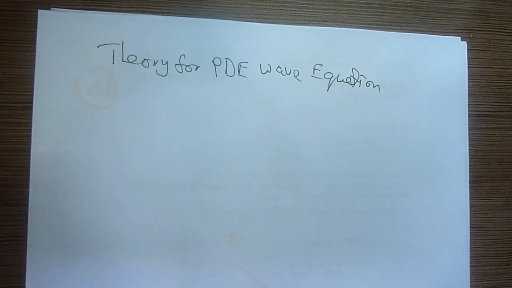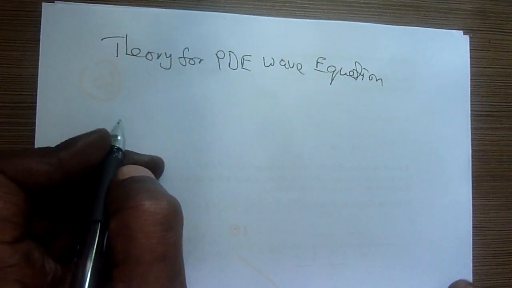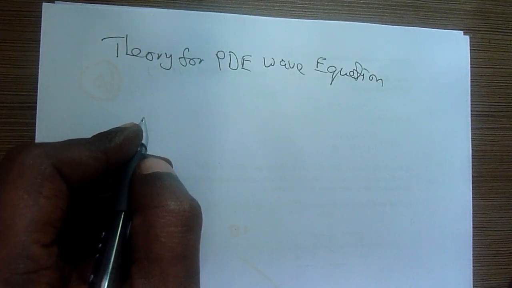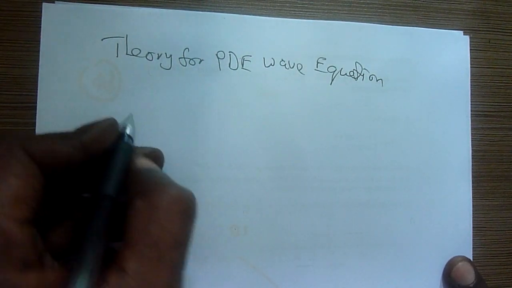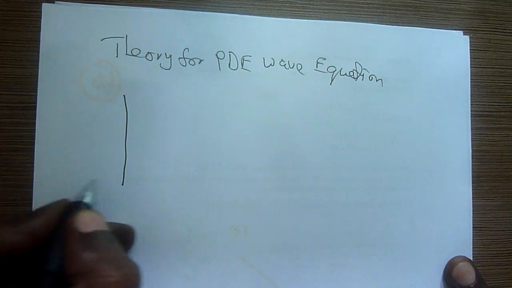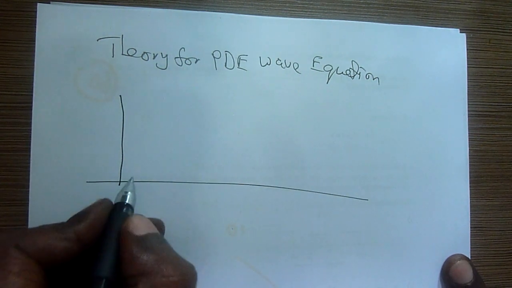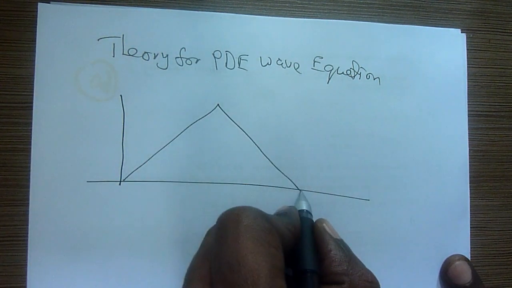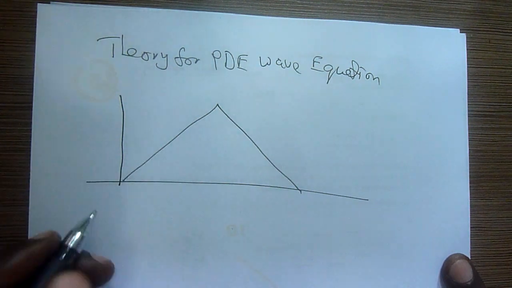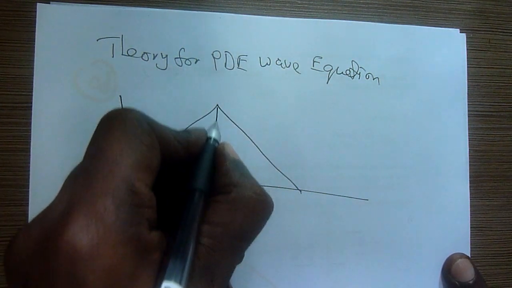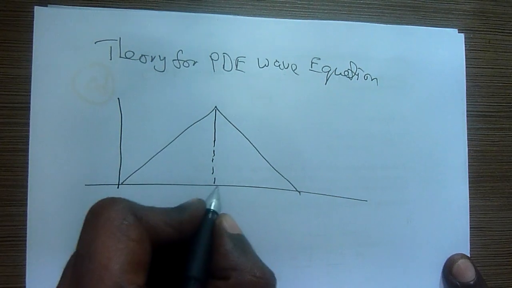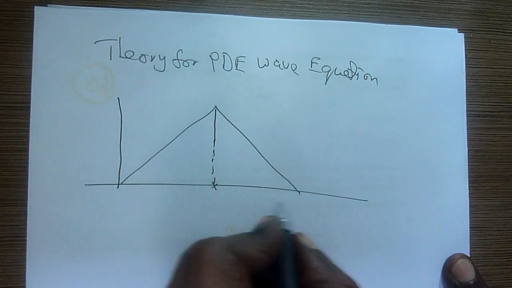Okay, you see, this is the theory that I wanted to introduce to you. The question will always be like this. They will give you a standard model. They will say you are pulling the string like that, and it's an initial stage. I standardize everything.